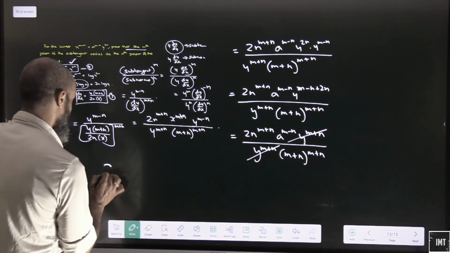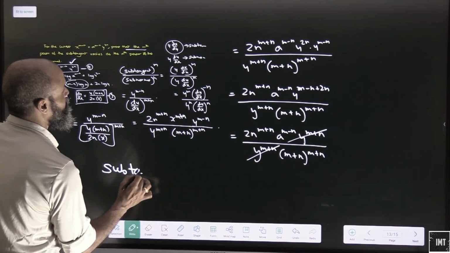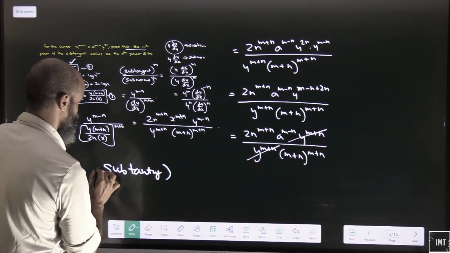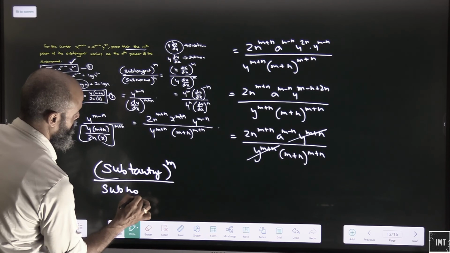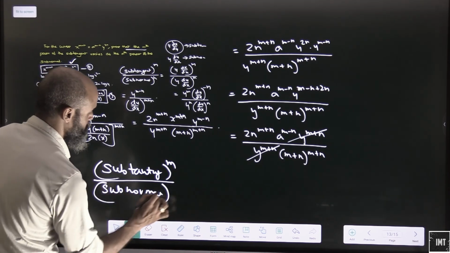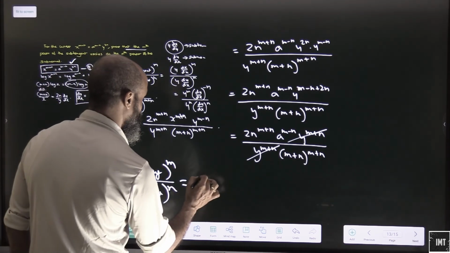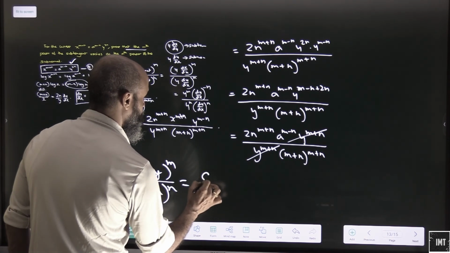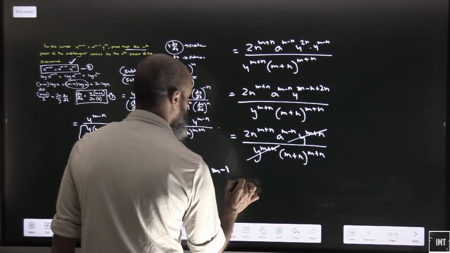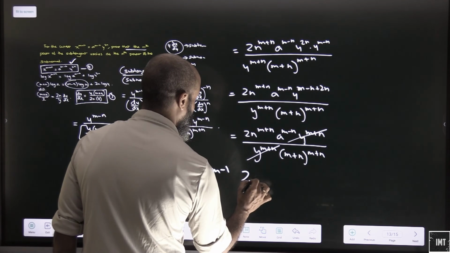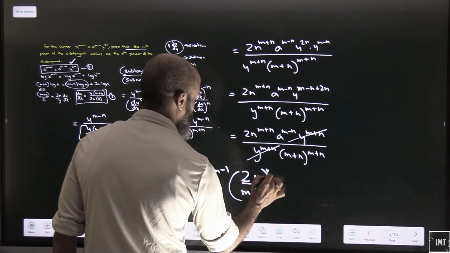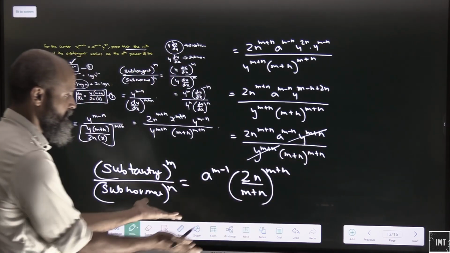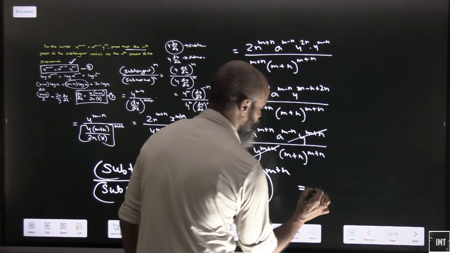We have here subtangent raised to m upon subnormal raised to n. This will be equal to a to the power m minus n into 2n upon m plus n, raised to m plus n, okay. So this is basically what? A constant.